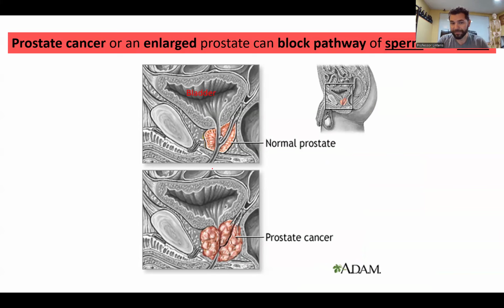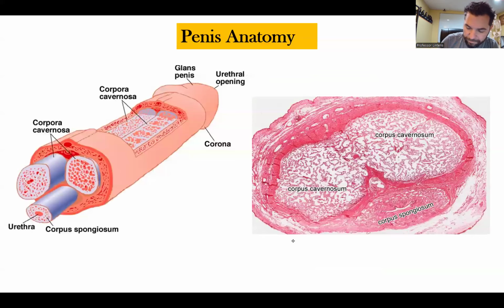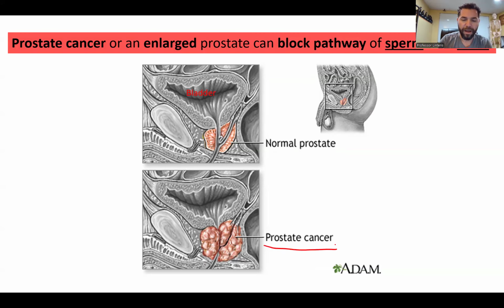The prostate, which we just mentioned as far as contributing some of this fluid, can have issues. We have BPH, benign prostatic hyperplasia. With age, this prostate enlarges. You have prostate cancer.